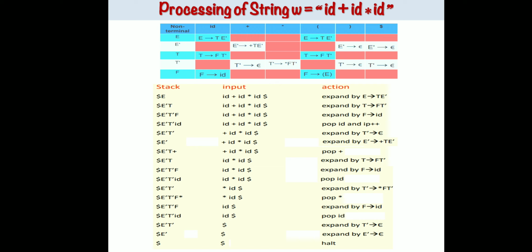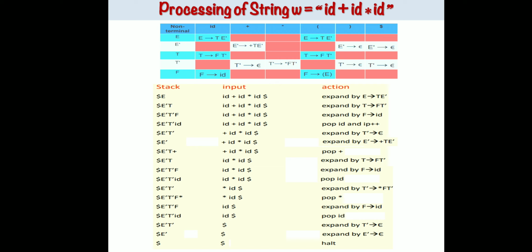The starting non-terminal is E, so we have written that, and in the input we will write the whole string. We will process till the end if and only if the stack and the input get empty. Wherever the stack and the input are empty, meaning dollar, we will stop the processing.